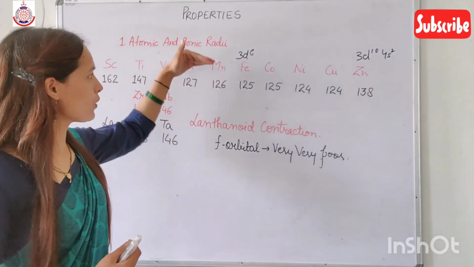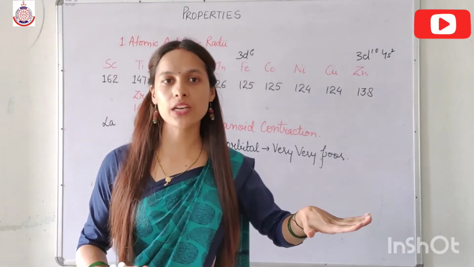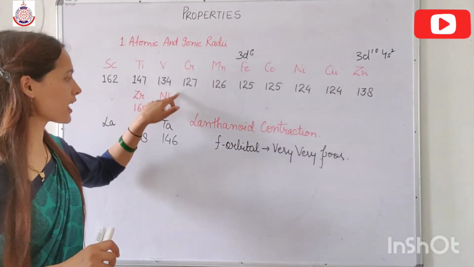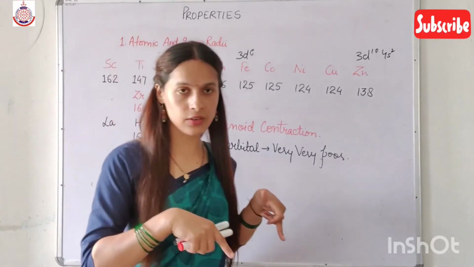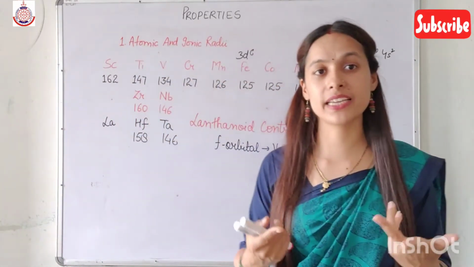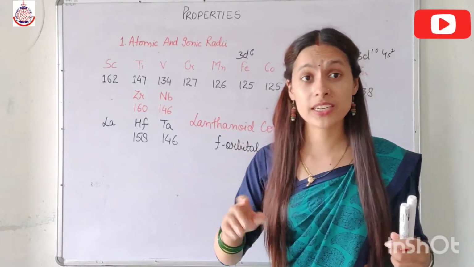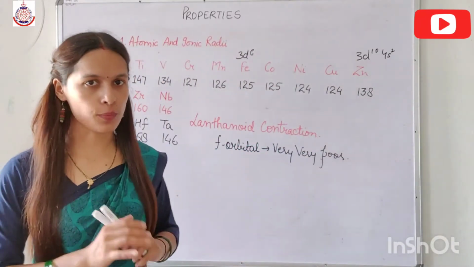So when we move from first to second transition series, there is no role of f orbital electrons, so there is an increase in atomic radii. And when we move from second to third transition series, we have f electrons. That's why there is either very little increase or no increase or even a decrease in the atomic radii.